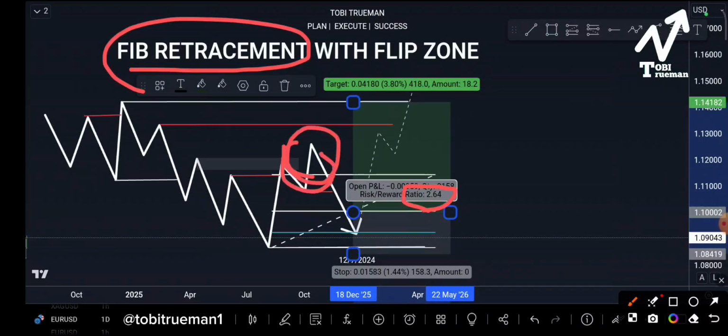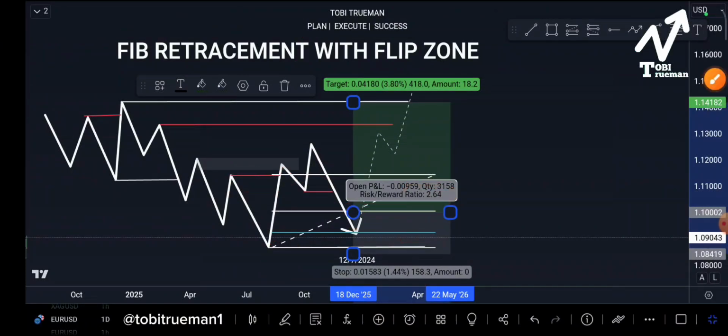Price has made reaction. We want a counter order block to be here, but when there's no counter order block, we make use of Fibonacci retracement. Take it from this low point up to the inducement point. Then we can get our entry at that 50% Fibonacci retracement point, and set our buy limit there.